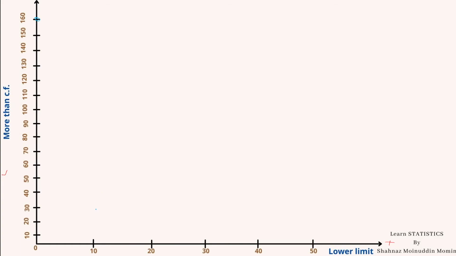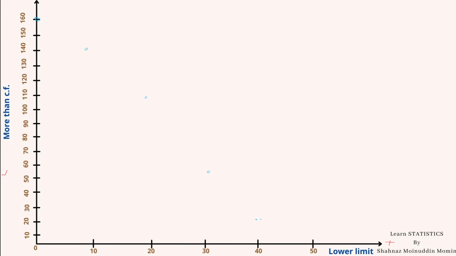Similarly, we can plot the second point. In this way, we have plotted all the points, 10, 20 lower limit, 30 lower limit and 40 lower limit with their corresponding more than cumulative frequencies.